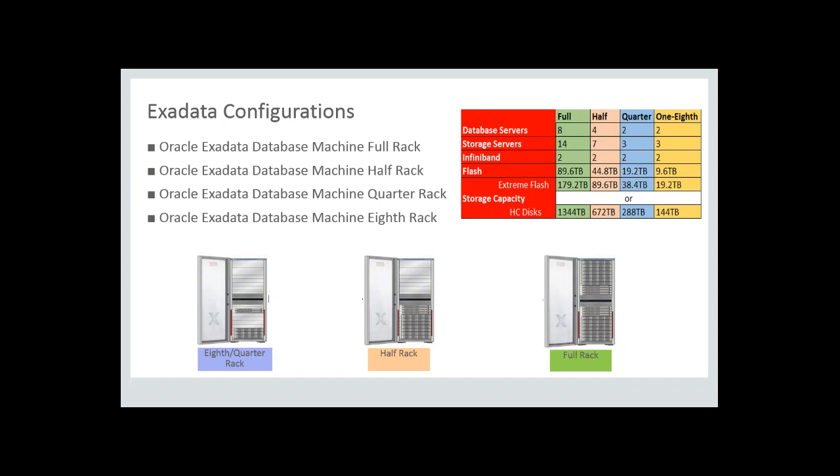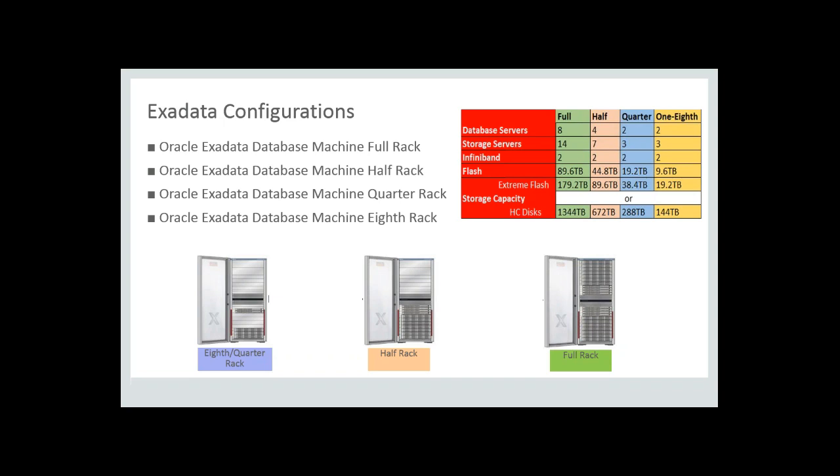The only difference between a quarter rack and 1/8 rack, if you see the flash and storage capacity size, it's half. That means in the 1/8 rack machine, the hardware you will get is similar to the quarter rack machine, because Oracle does not ship any machine having less than 2 database servers and 3 storage servers.